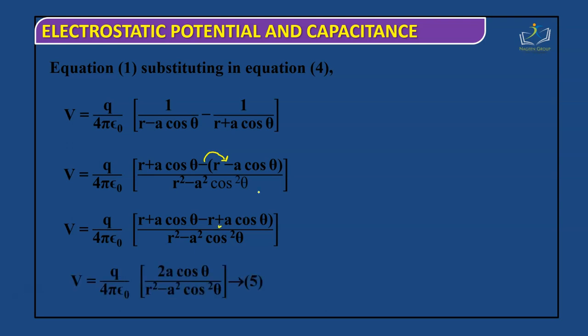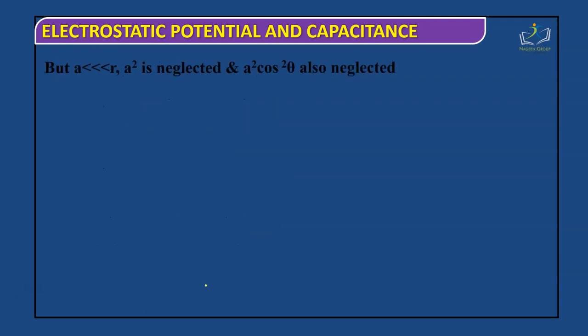Now, as you can see, these two R will cancel each other because of their sign convention, and the two a cos theta terms have the same sign, so they will be added together. We know that the value of a is less than R, so a square is neglected, and a square cos square theta is also neglected. So if I put all these values, we get 2a cos theta.